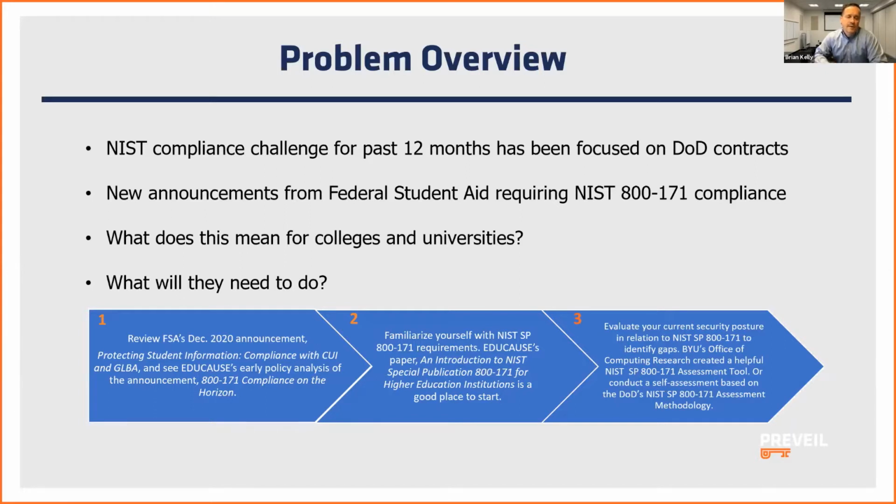Here at EDUCAUSE, the cybersecurity program, we're encouraging, dare I say, urging our members to get started, to not wait for further guidance from Federal Student Aid or the Department of Education, but to get started on this journey to compliance around 800-171.